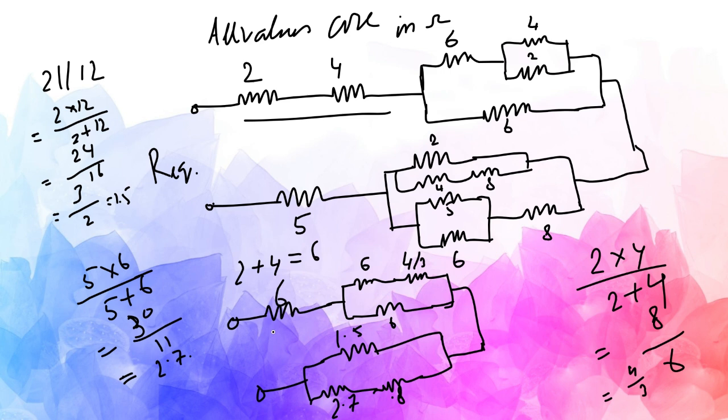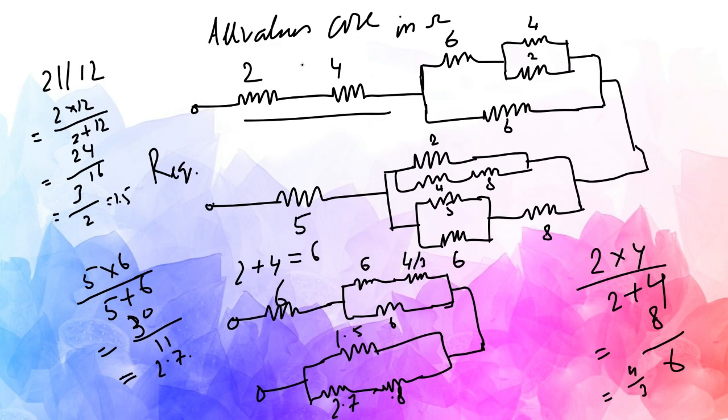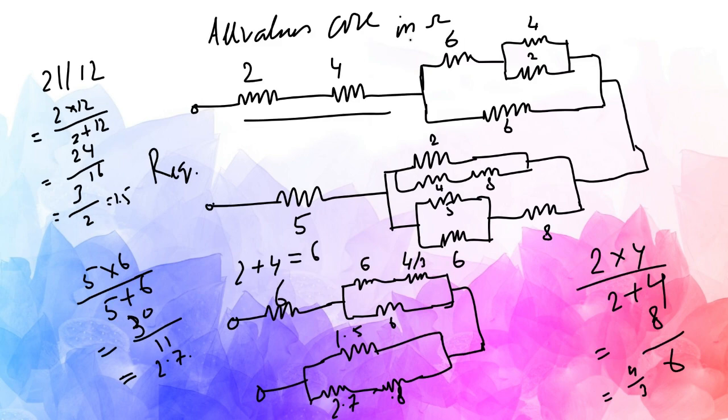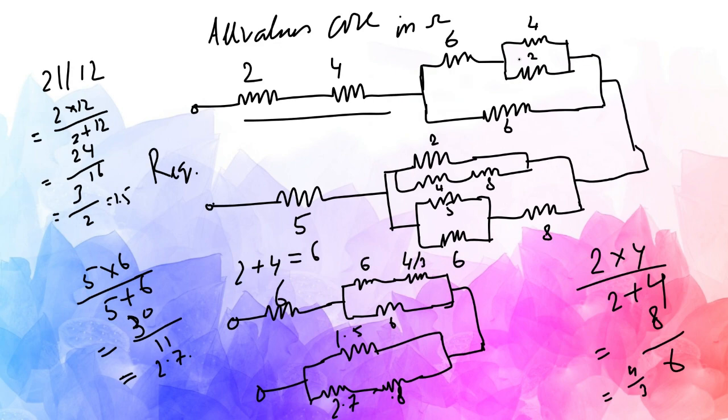Let me redraw the circuit here again. So how is it looking? This is the resistance, then it has a branch, one resistance here, there are two resistances here, one resistance here, and similar below, right?